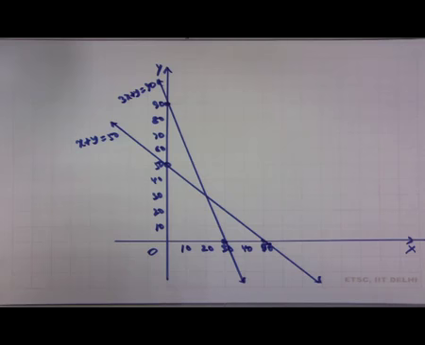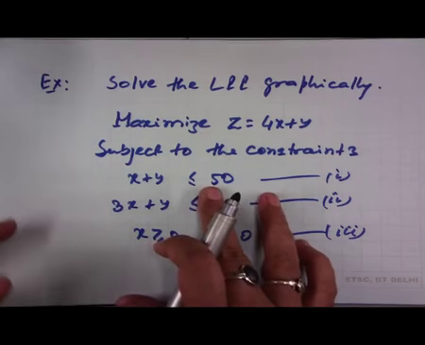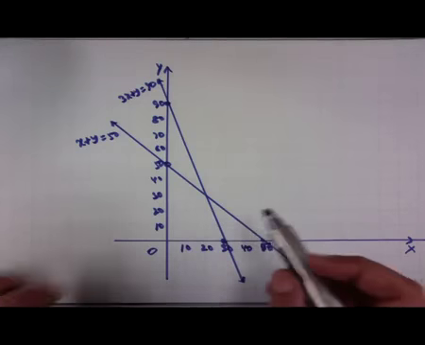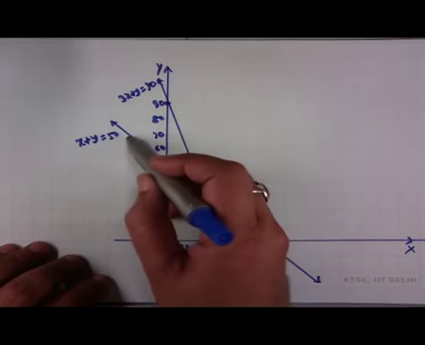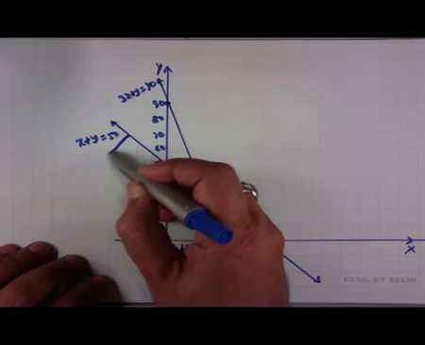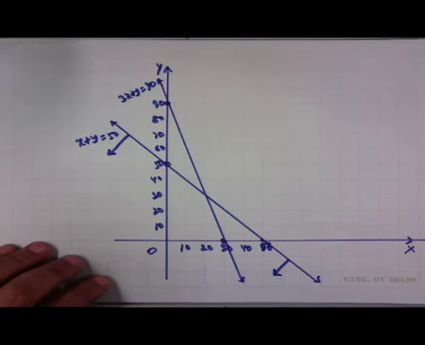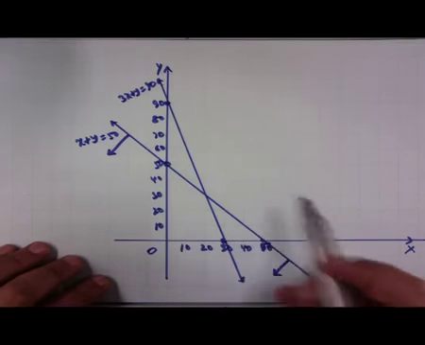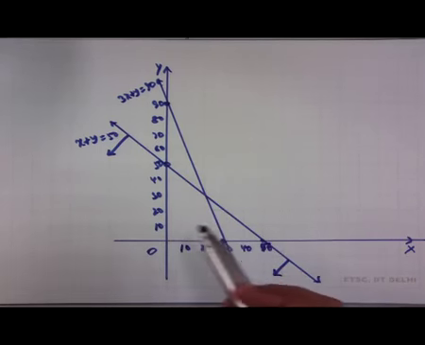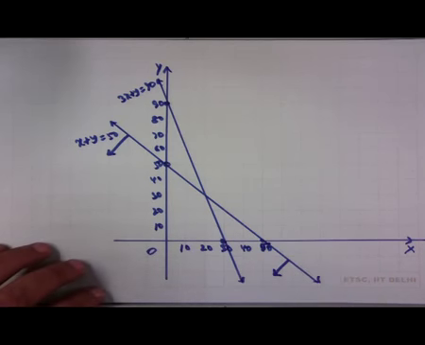Now x plus y less than equal to 50. So if you test the origin, the defined region, this line will represent this half plane. The second constraint is 3x plus y less than equal to 90.